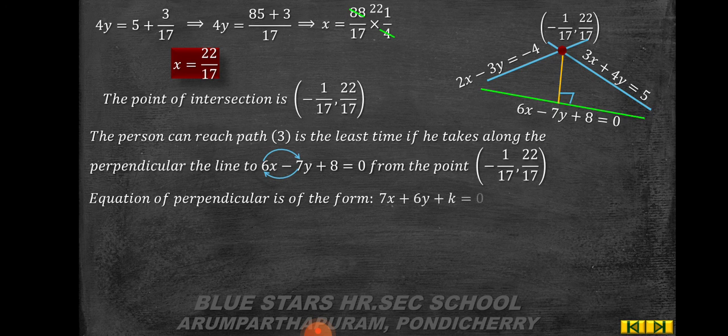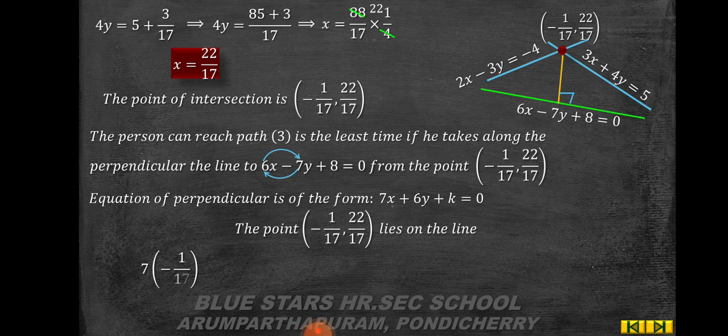So the equation becomes 7x plus 6y plus k is equal to 0. Therefore, the point minus 1 by 17 comma 22 by 17 lies on the line. So 7 into minus 1 by 17 plus 6 into 22 by 17 plus k is equal to 0, which implies minus 7 by 17 plus 132 by 17 plus k is equal to 0.